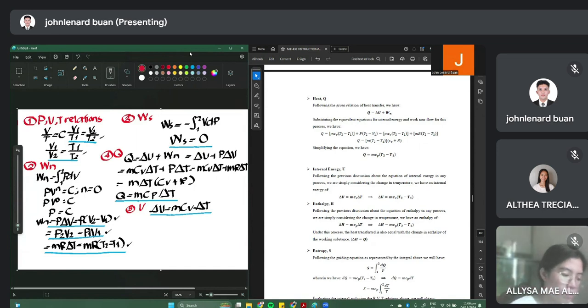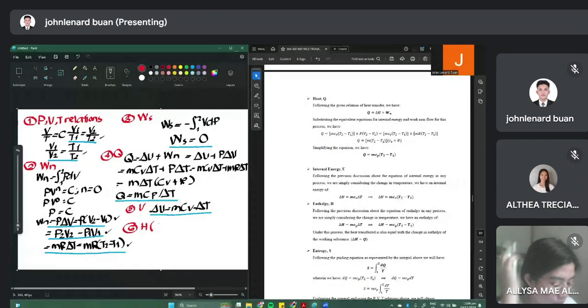Number 6, enthalpy or H. Under isobaric process, the heat transferred, or the equation of heat, is also equal to the change in enthalpy.